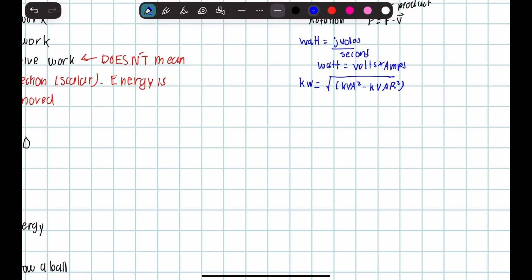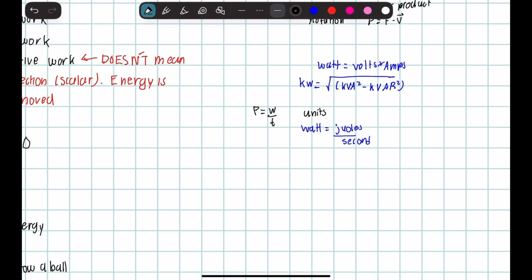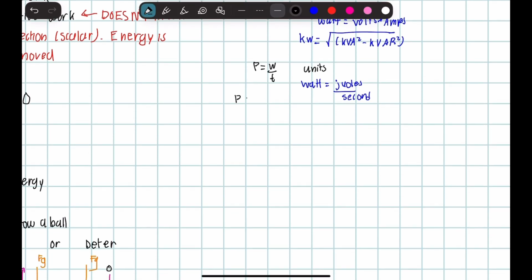So power is equal to work over time, and in units, 1 watt is equal to this unit right here. Or you could also use the alternative power formula, which is P is equal to Fv, and you use this when force is parallel to velocity, and also when you have constant speed.